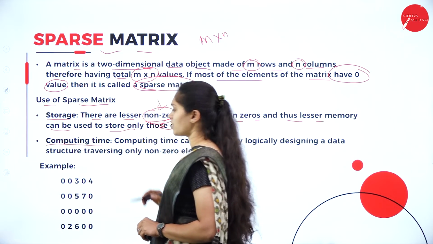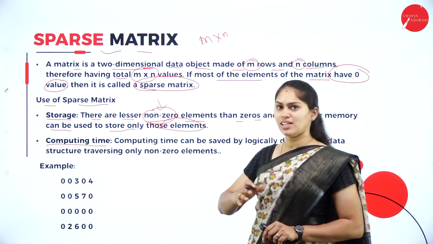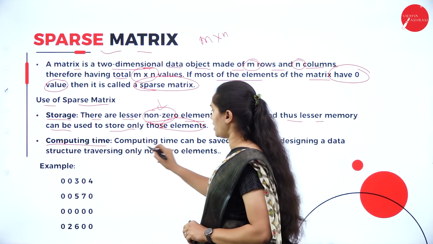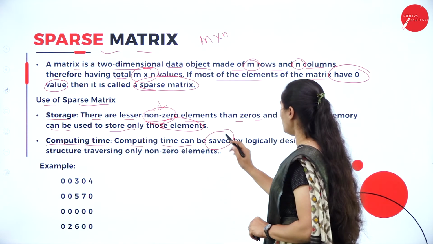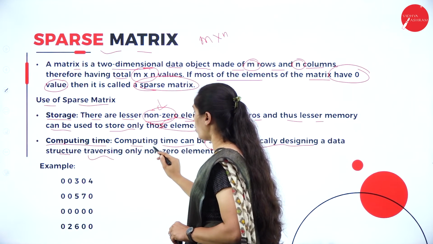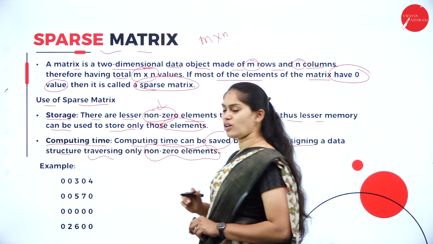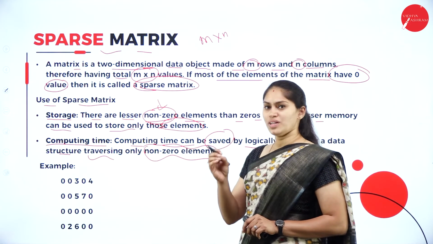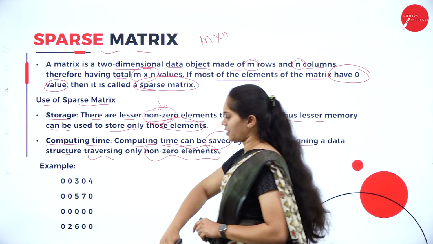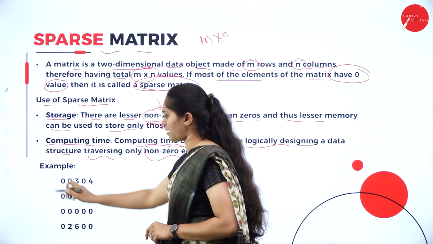And also when it comes to computing time, I need not bother about a 0. I have to focus only on the non-zeros. So here computing time can be saved by logically designing a data structure which traverses only non-zero elements. We are not focusing on the zeros, only on what is other than 0. If you see this, here is the example we have.